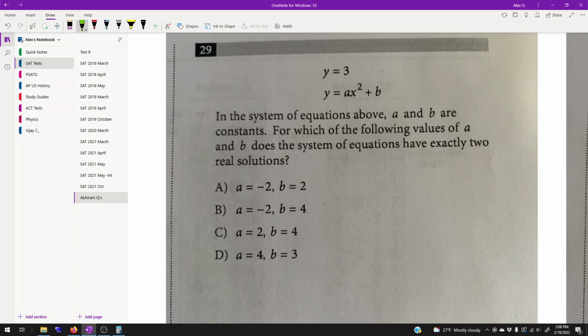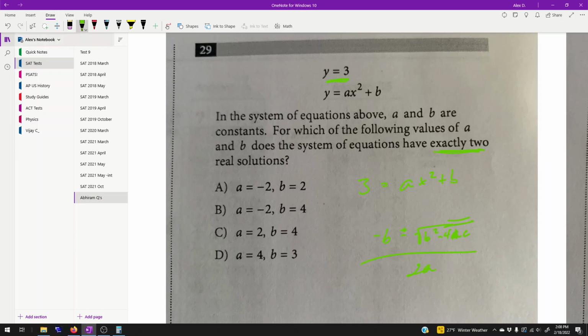Okay, moving right along. If they ever tell you that something equals a thing, just plug it in. So just right away, 3 equals ax squared plus b. They tell us that it has exactly 2 solutions. That tells us that the discriminant in the quadratic equation, remember the quadratic formula is negative b plus and minus the square root of b squared minus 4ac all over 2a.